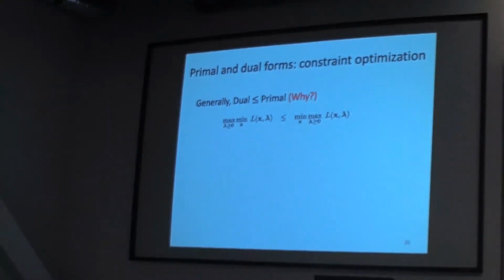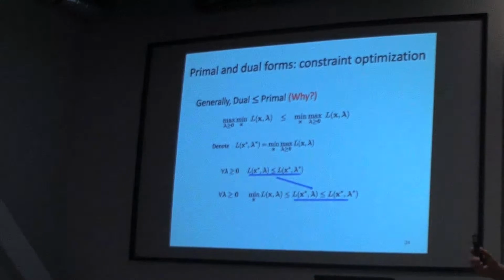In other words, solving the dual form is really viewed as solving a lower bound of the primal objective. This is not hard to show, but I'm going to skip it because it's not required. Just to give you a sense, if you're interested, we listed the proof details. You just combine a few inequalities together, and you will immediately derive this result.